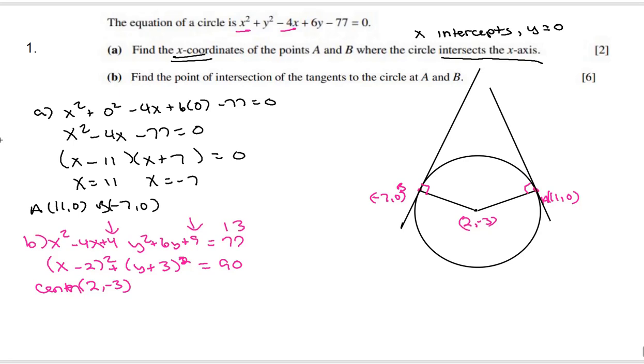So let's go ahead and do this. If I want to find the slope of, say, AC, we're going to call this C for the center. The slope of AC is a formula that you have to know when it's not on the formula sheet. It's going to be minus 3 minus 11.